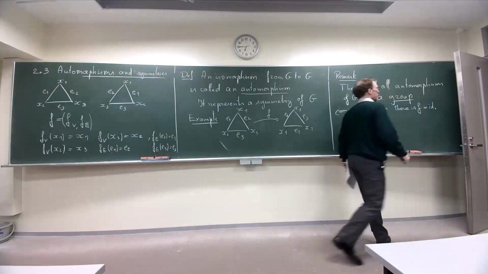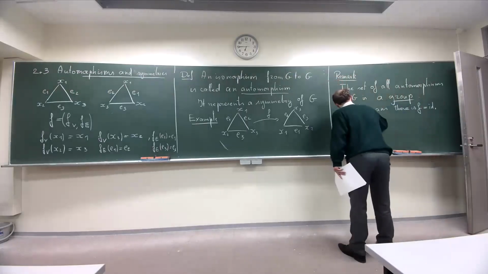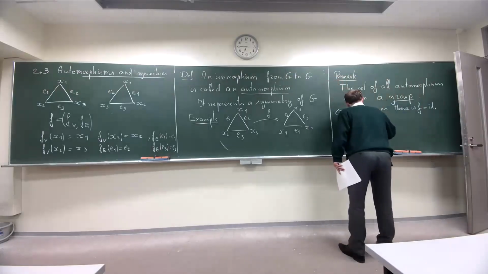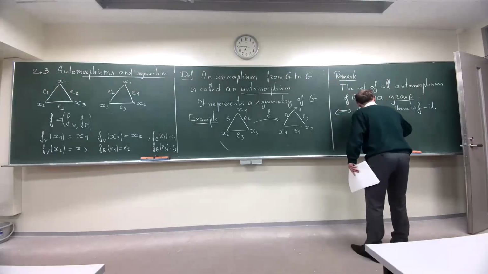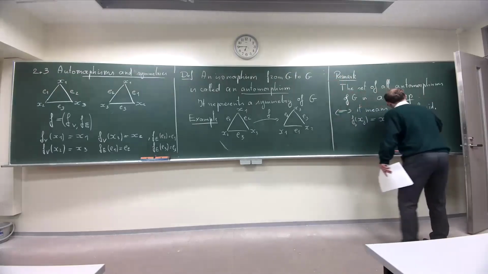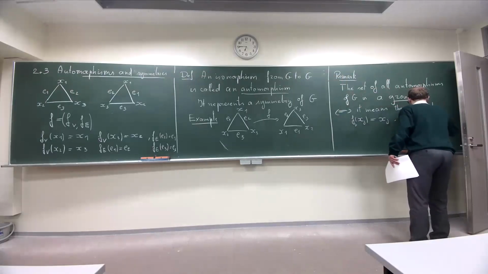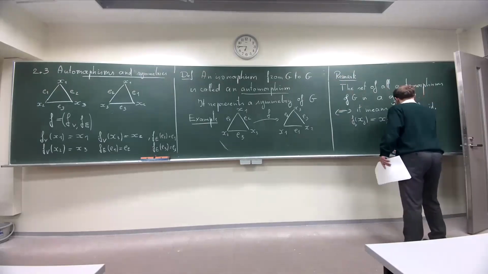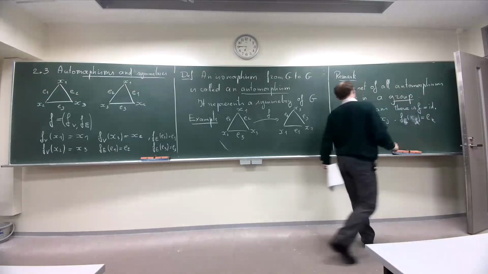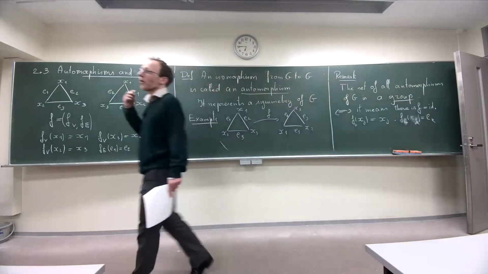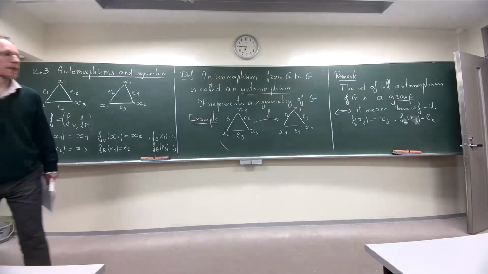Usually we call it identity, which means f_v of xj is xj, and f_e of ej is ej. You do nothing. So you always have such an automorphism.